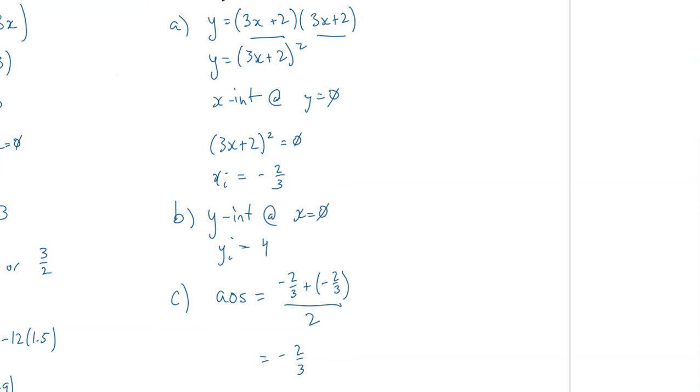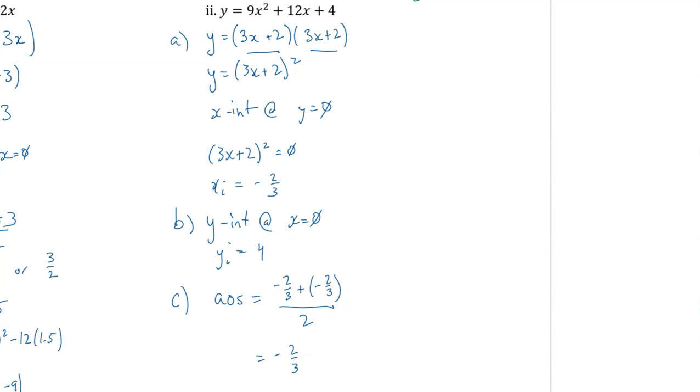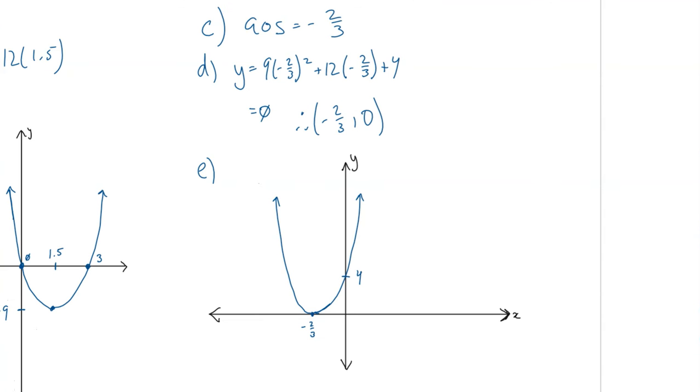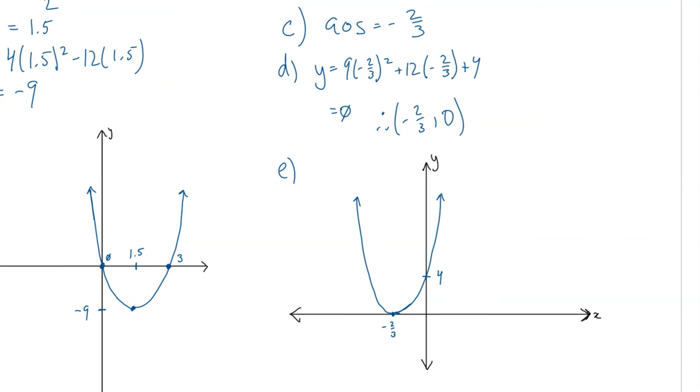And what you really need to know is that in this case, the vertex is on the x-axis. So here's this graph completed. It opens up, and there you can see the other one there as well. It opens up. Axis of symmetry is negative 2 over 3, and you can see that it's on the x-axis.